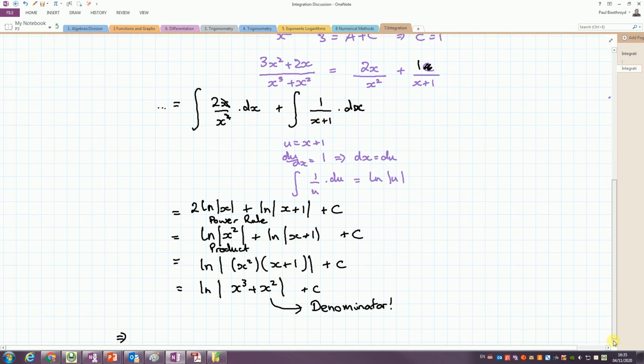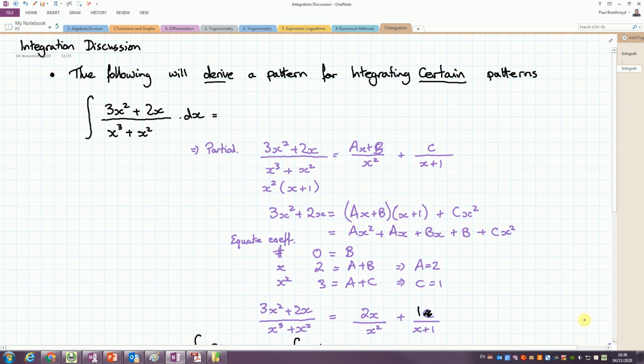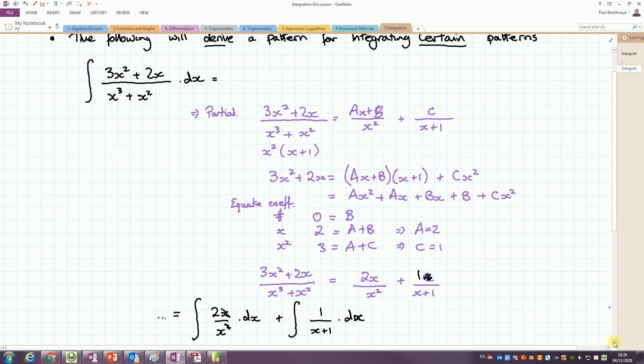The denominator is our function, the x cubed plus x squared, and the numerator was actually its differential. So it wasn't a completely random polynomial that I chose. It was a specific pattern which allowed me to get this value.